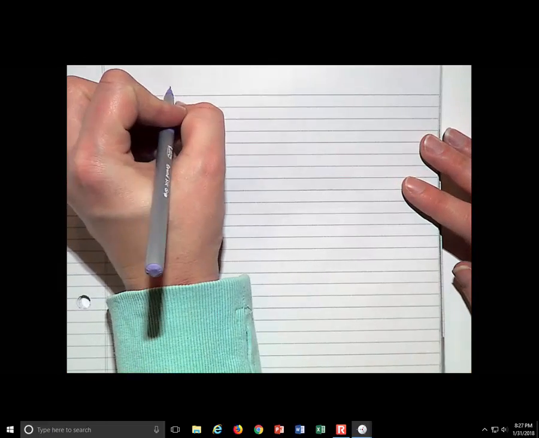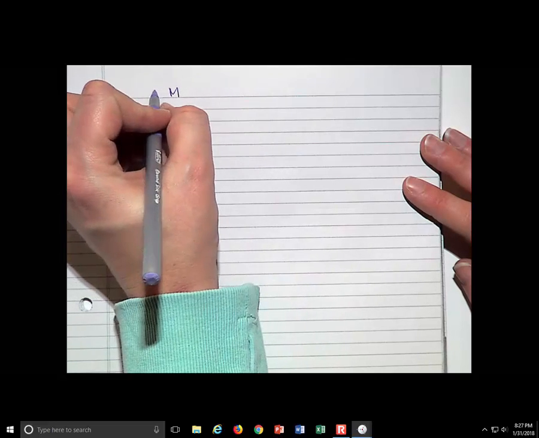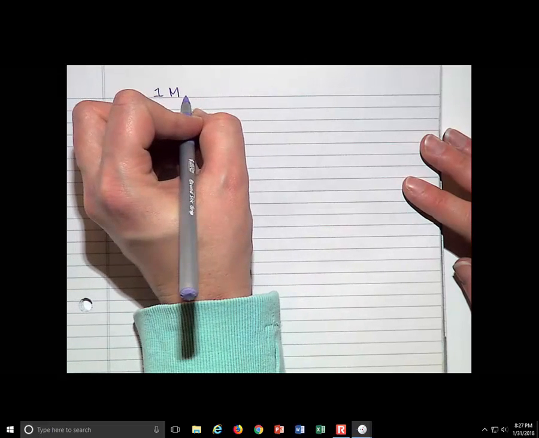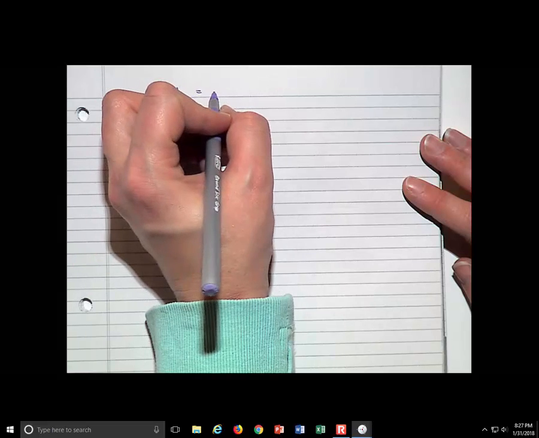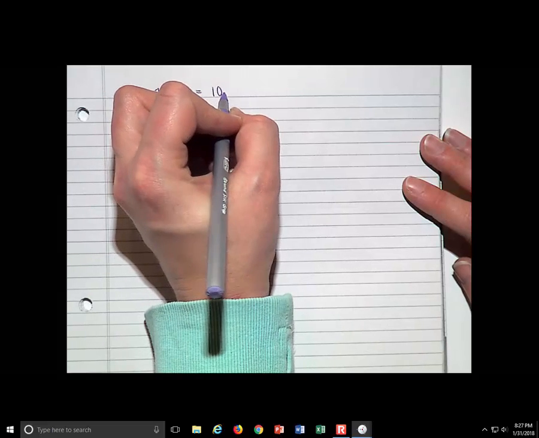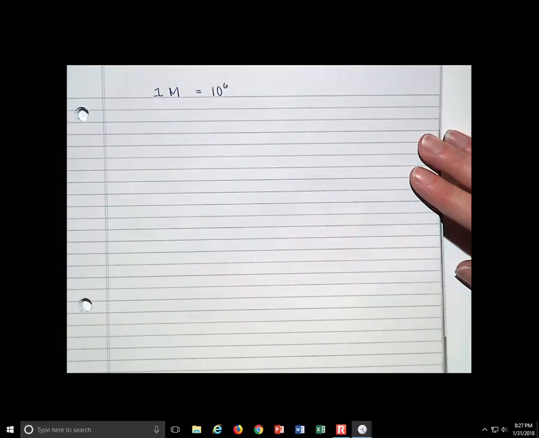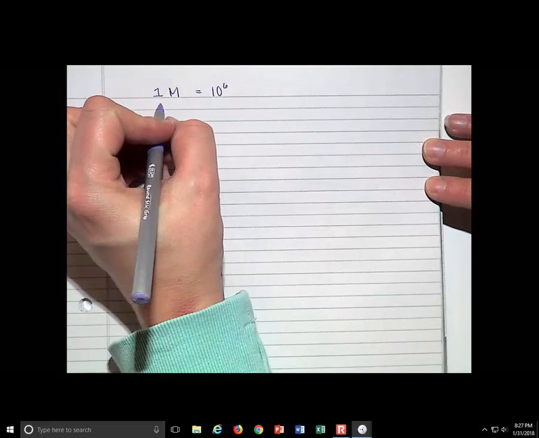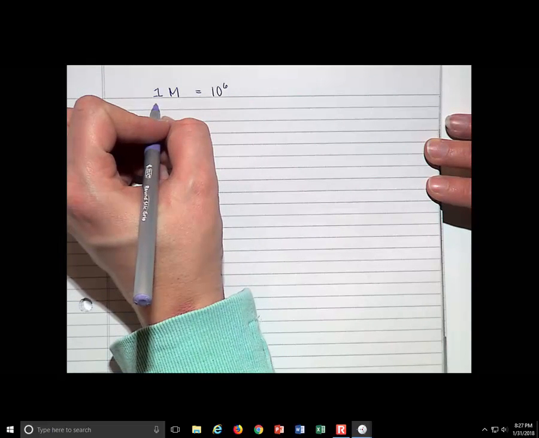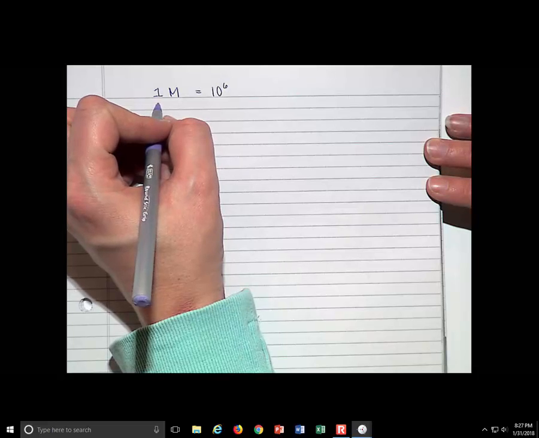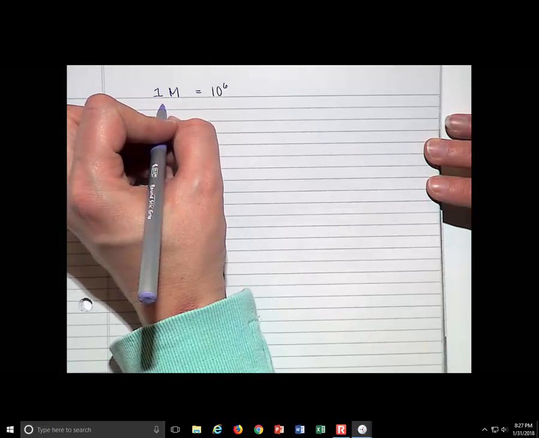So make sure mega, 1 mega anything is going to be equal to 10 to the 6th of your units. So if it's a megaliter, you have 10 to the 6th liters. And then, I don't think I said giga.